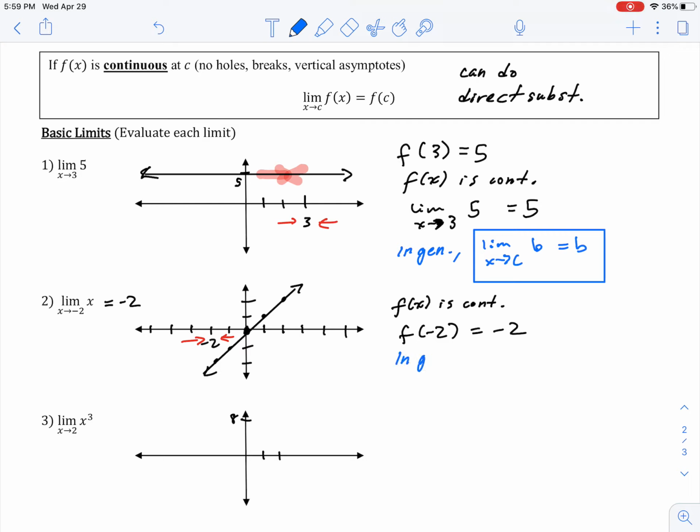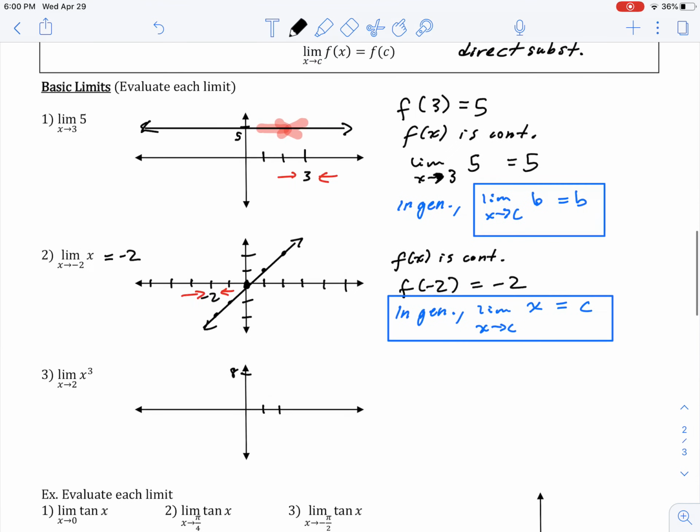We can say in general, the limit of a continuous function like x, in this case this linear function, is simply going to be equal to whatever c is. All right, and hopefully that makes sense. As x approaches -2 for this continuous function, since the function is just x, when x is -2, our function's output is going to be -2. Therefore, the limit is -2.